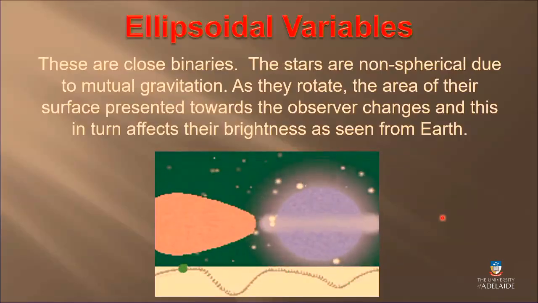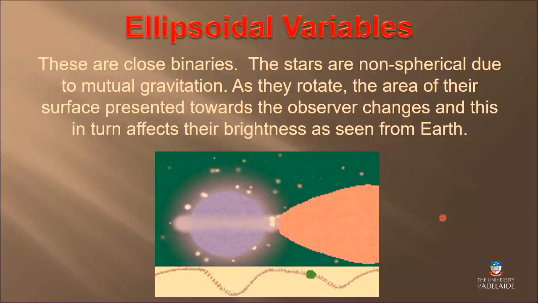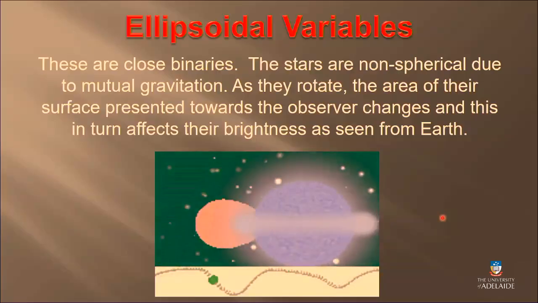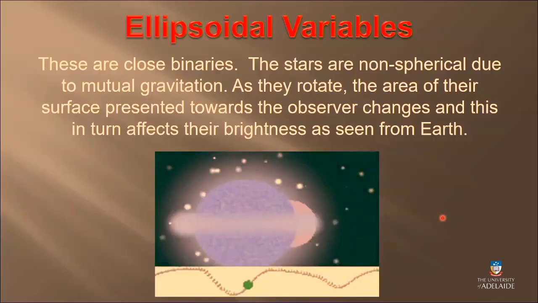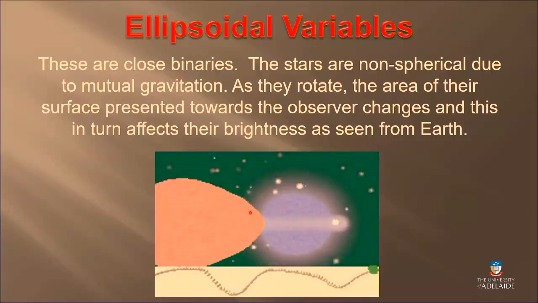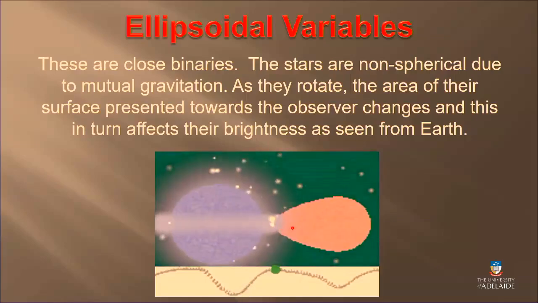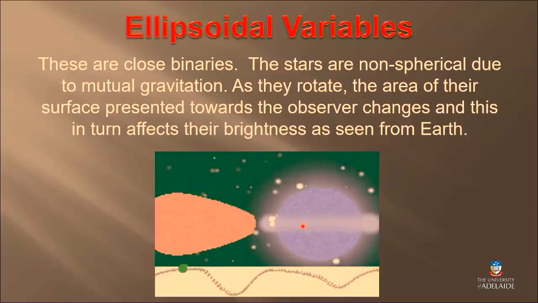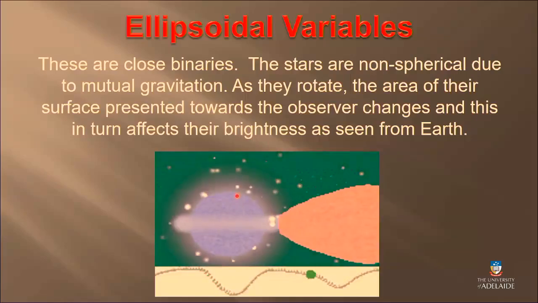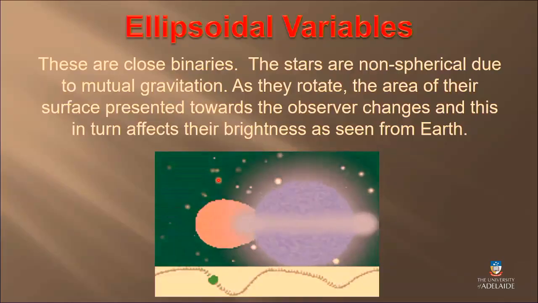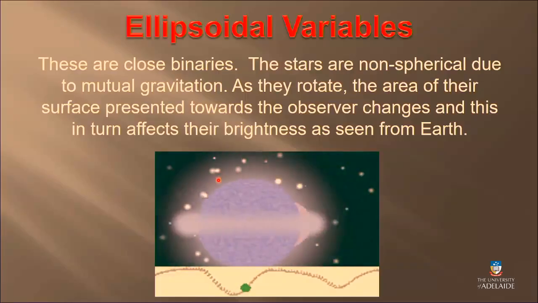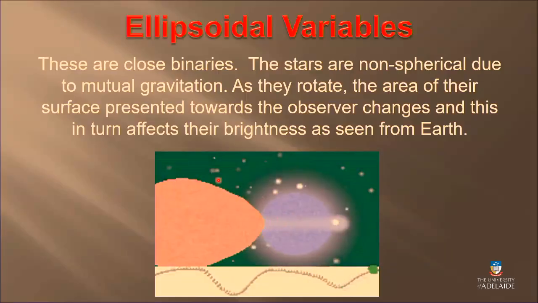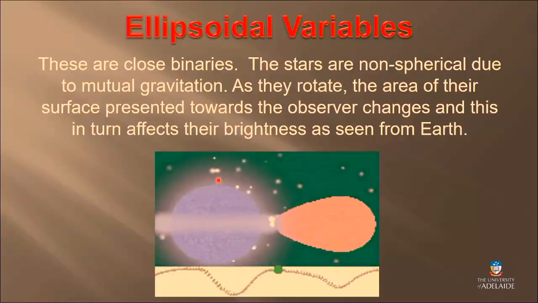And the stars are non-spherical, also due to mutual gravitation. And as they rotate, the area of their surface presented towards the observer changes. So you can see this orange star here. And when it's side on, we see a lot more of the star than when it's sort of end on. So from our point of view at Earth, we see a change in brightness, as you can see by the plot.